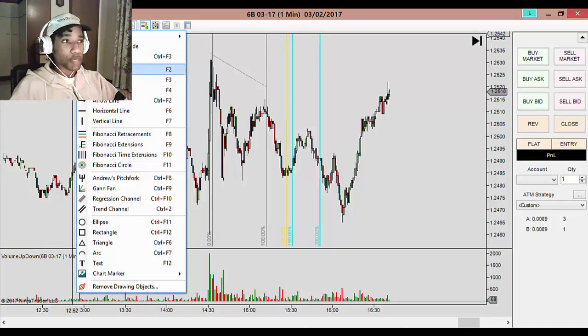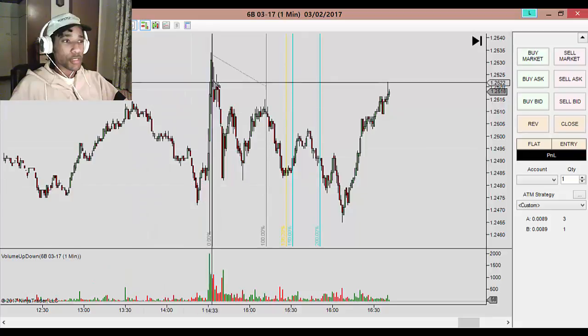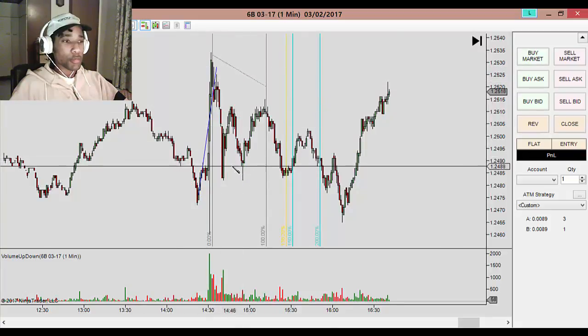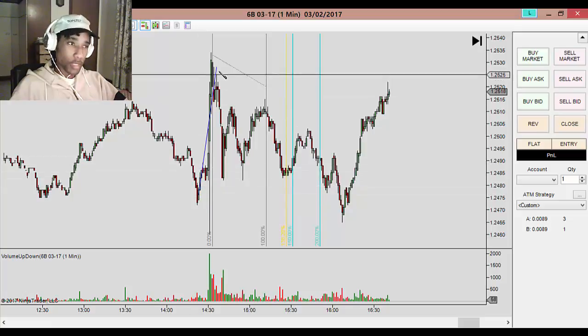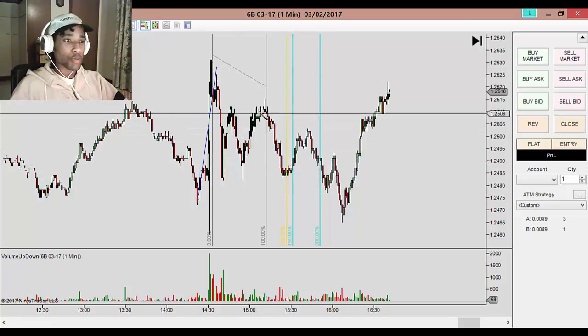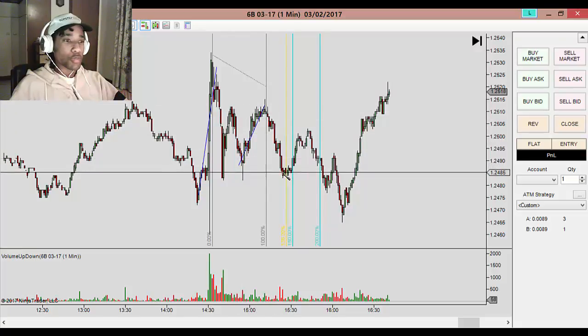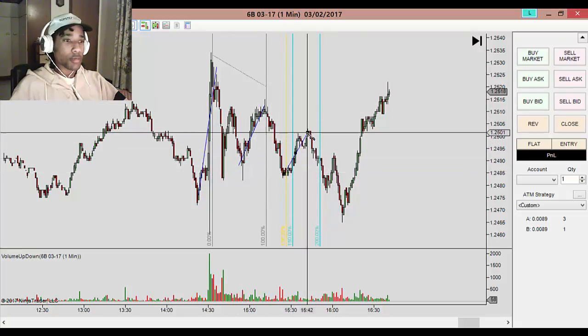So let's just make sure that they match the rules. Obviously, impulse wave 1 is indeed longer than impulse wave 2. Impulse wave 2 is longer than impulse wave 3.